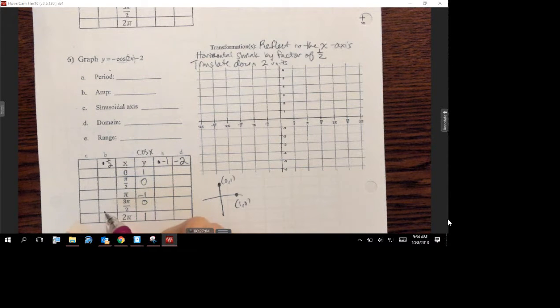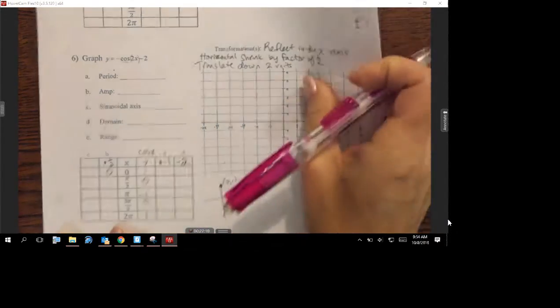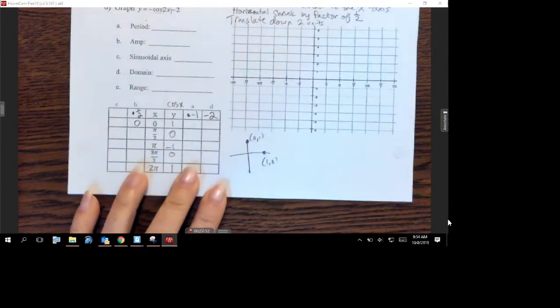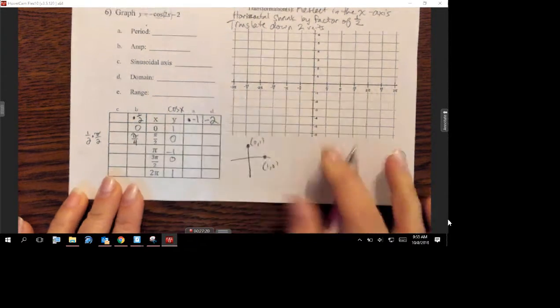So down in my table, I'm going to change all my values. When you multiply pi over 2 times 1/2, we have to multiply fractions. Remember, you multiply fractions by multiplying straight across. So I get pi over 4.